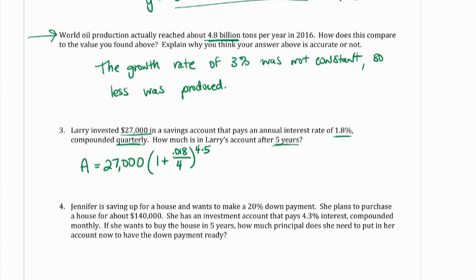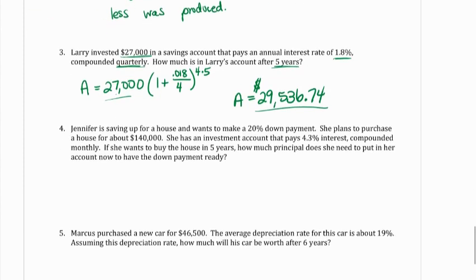I'm going to do my exponent of 4 times 5, which is 20, and then times 27,000. And we should end up with 29,536.74. This is money, so I'm going to round to 2 decimal places. That number should be bigger than what you started with. If you got a smaller number, you're doing something wrong in your calculator. Okay, next one.